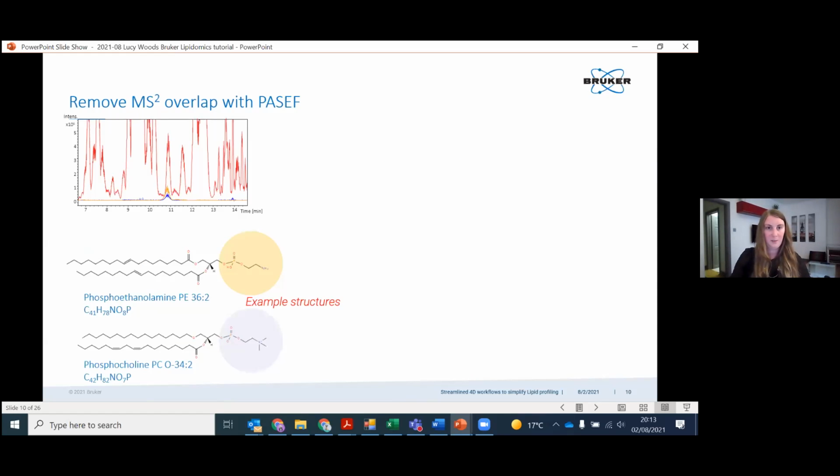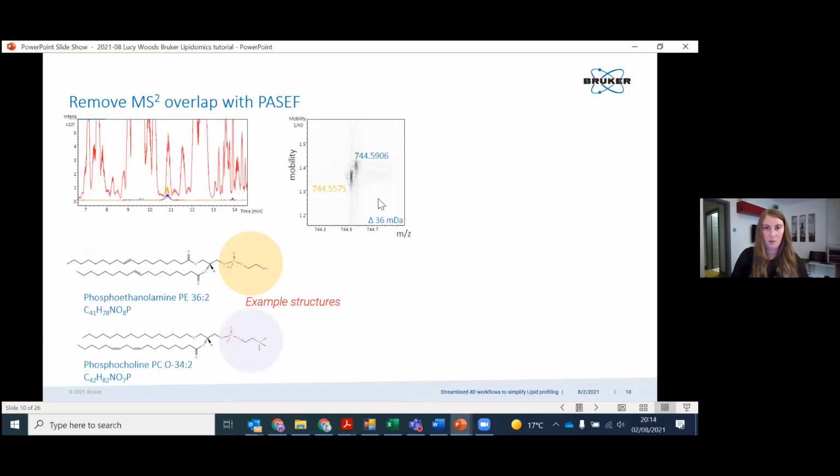And this is a nice example of two co-eluting lipids. So these structures shown here are just example structures for a PE 36:2 lipid and a PC O-34:2 lipid. Now, in this chromatographic separation, they co-elute.